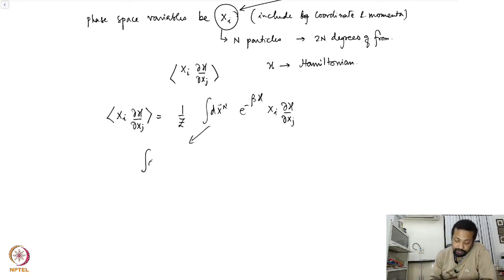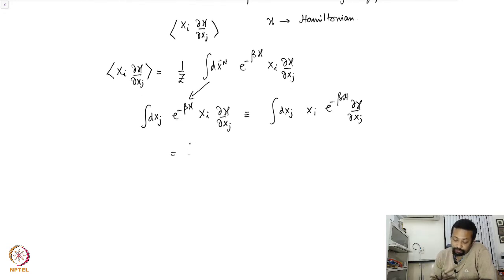From this I extract the term x_i del H del x_j, which I first rearrange as x_i e to the power minus beta H del H del x_j.